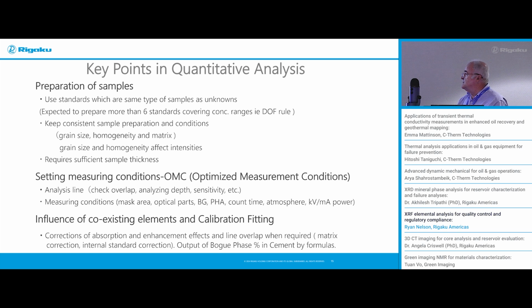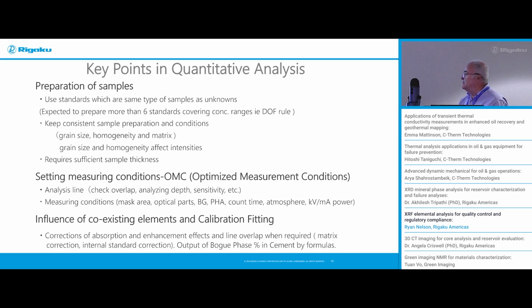And then the influence. So you can run all of your calibrations with no corrections for influence, but you'll probably end up with quite a bit of error as a result because you can get enhancement. Any other higher energy element can refluoresce material in the matrix, and anything near an absorption edge can absorb other materials depending whether it's on one side of the edge or the other, or enhance it.